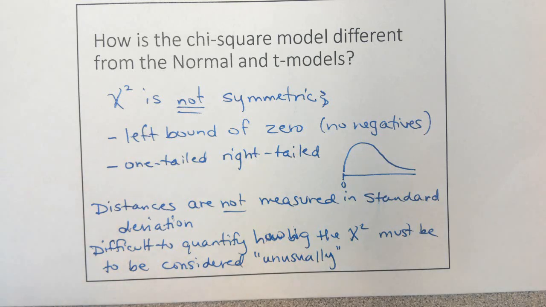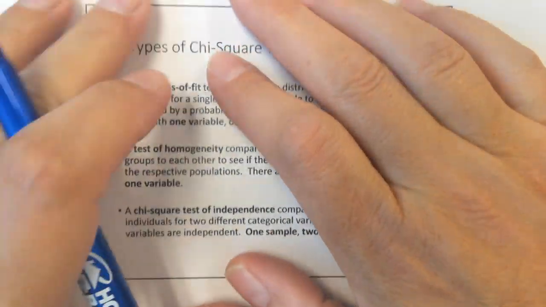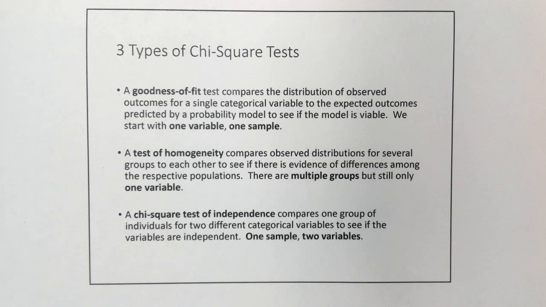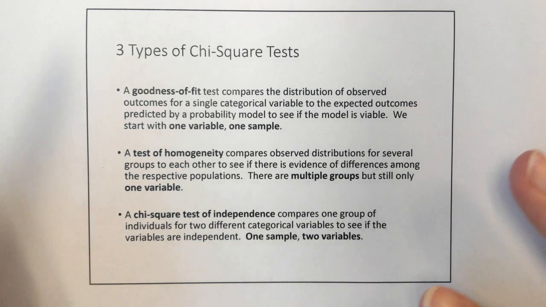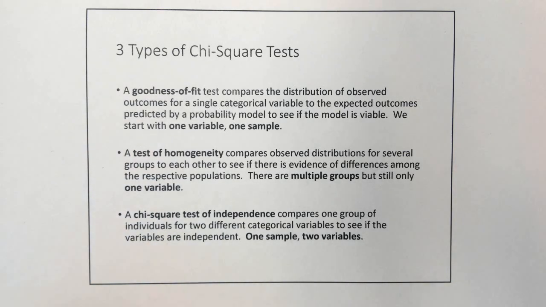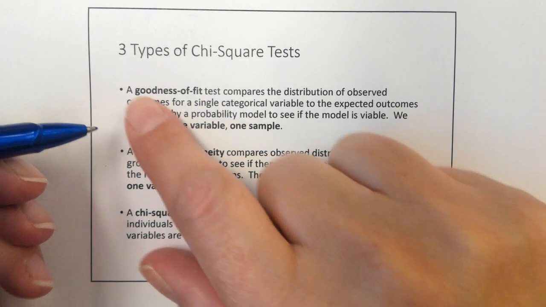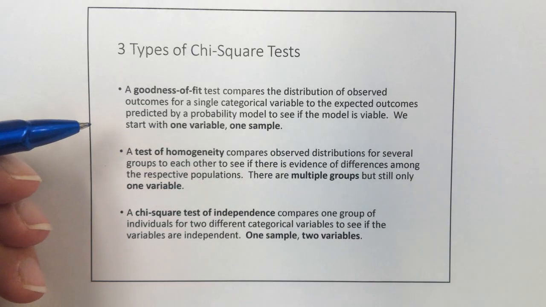Okay, there are 3 types of chi-square tests, and they are all about what kind of relationship you're looking for. So we're gonna break these up into 2 groups. Group 1 is the goodness of fit test. With the goodness of fit test, you generally start with a single list of numbers.